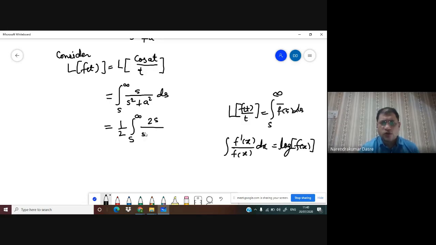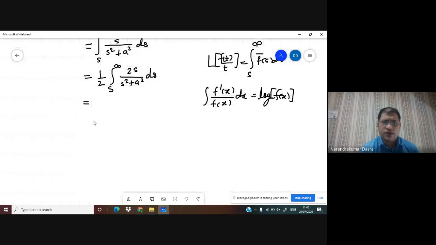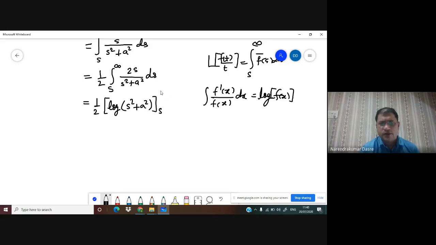So 2s upon s square plus a square ds. And now you can see this formula is applicable here. So we are able to use this formula, and hence we get half of log of the denominator s square plus a square, and here s is running from s to infinity.